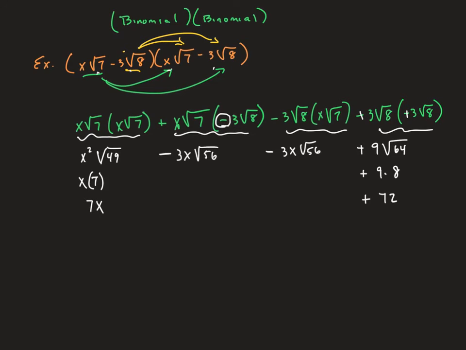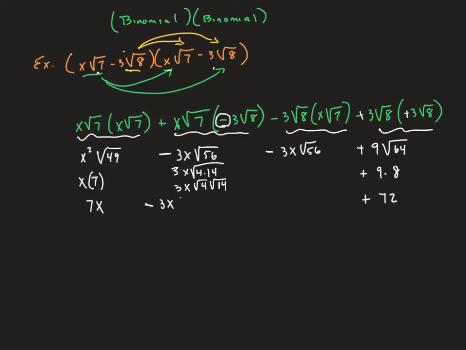Now it will get more challenging. So I have minus 3x, and the radical of 56 is 4 times something, I think. 4 times 14, maybe, will give me 56. So then I have 3x times the square root of 4 times the square root of 14.